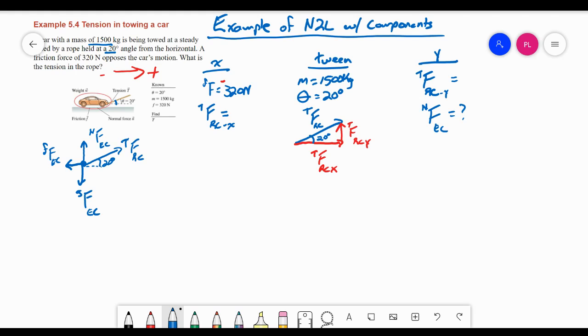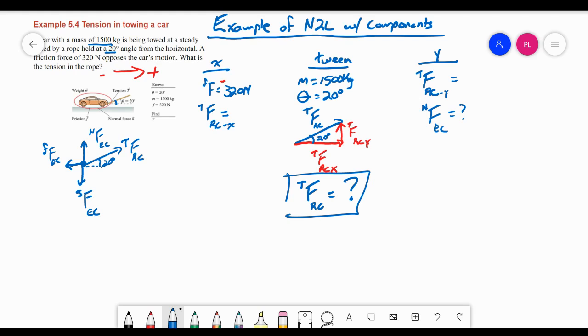So my big go-to is to make sure I can find the tension force that the rope exerts on the car. If I can find the y component, I know I've got an angle, and I could use SOHCAHTOA to find the hypotenuse. If I find the x component, I can use SOHCAHTOA and find the hypotenuse.